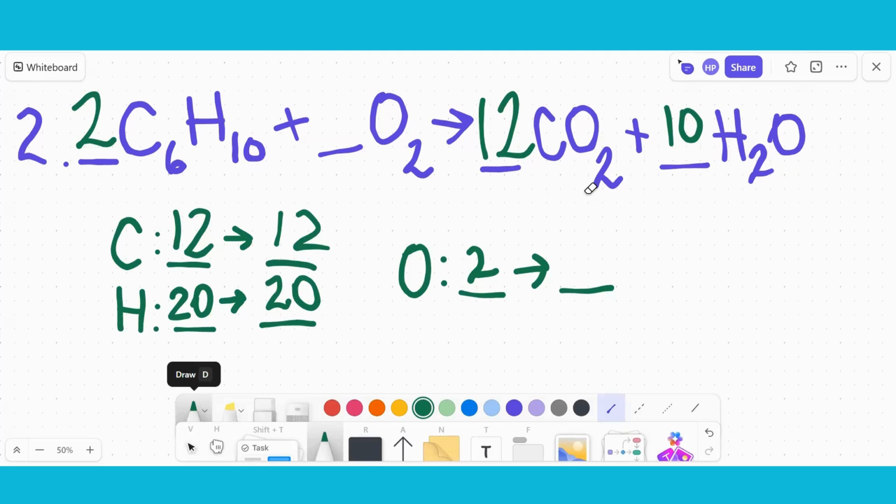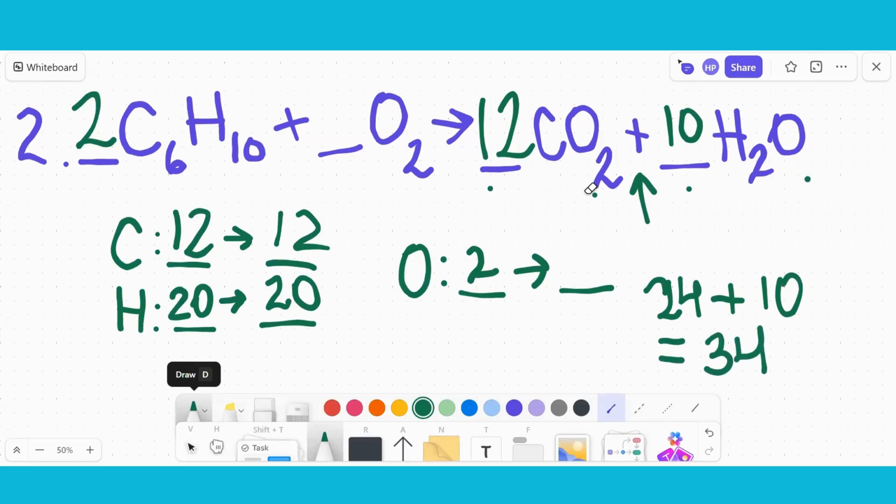Now let's look at our oxygens on the right now. We have 12 times 2, which is 24. And then remember this plus sign, we have to add the 10 times 1, which is 10. 24 plus 10 is 34.